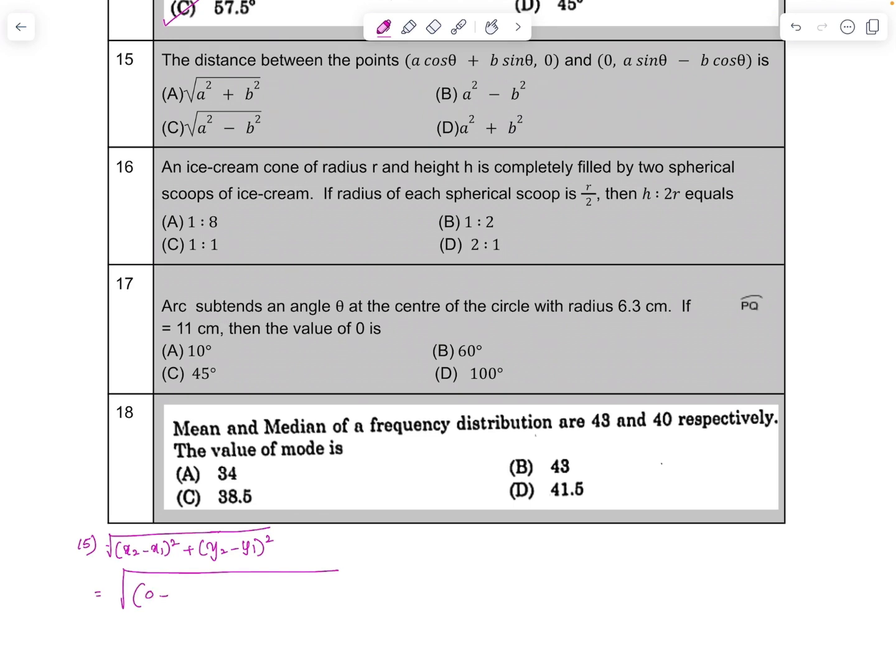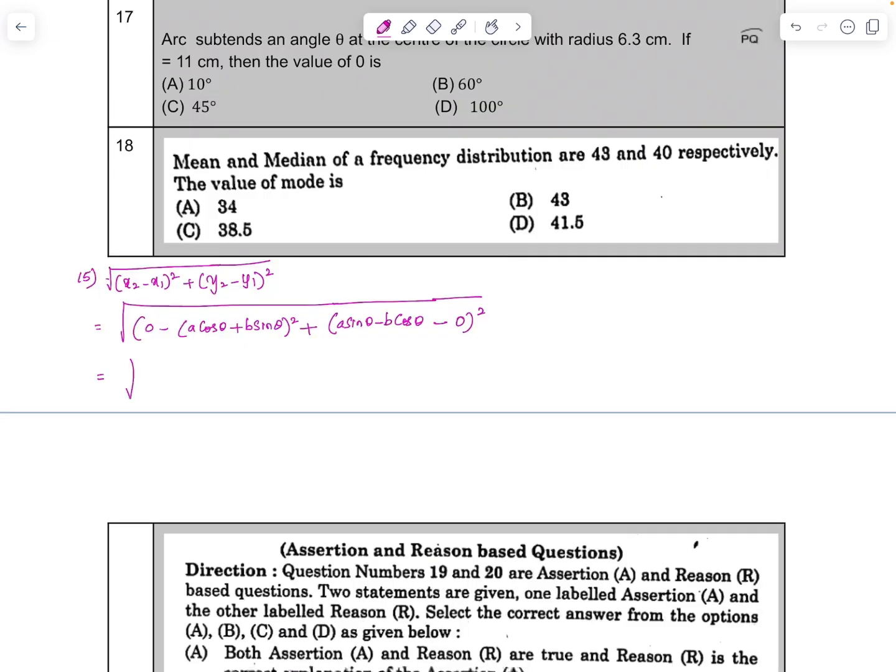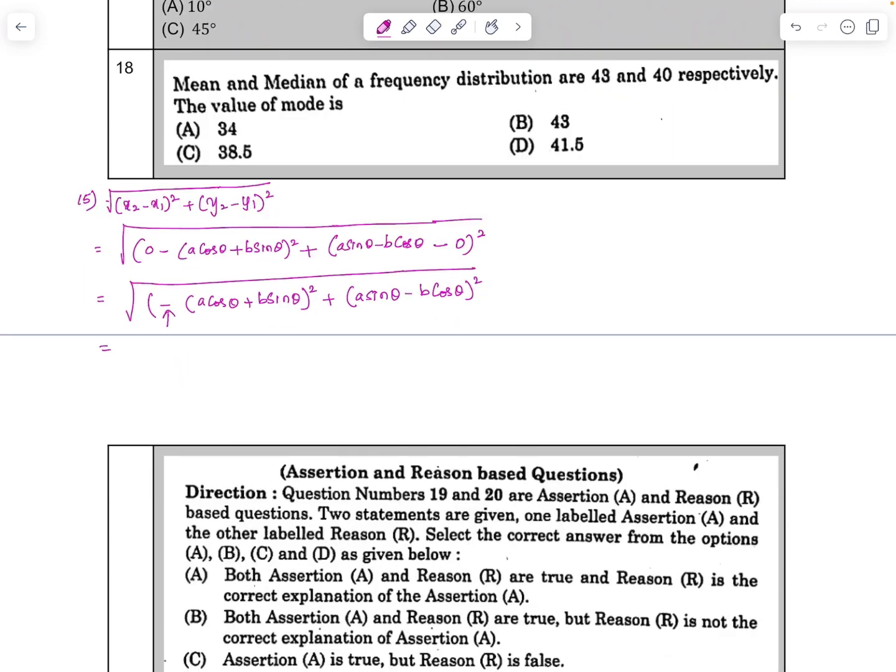That is, 0 minus (a cos theta plus b sin theta) the whole square plus (a sin theta minus b cos theta minus 0) the whole square, which is equal to square root of (minus a cos theta plus b sin theta) the whole square plus (a sin theta minus b cos theta) the whole square. This minus sign turns into plus because of this square.